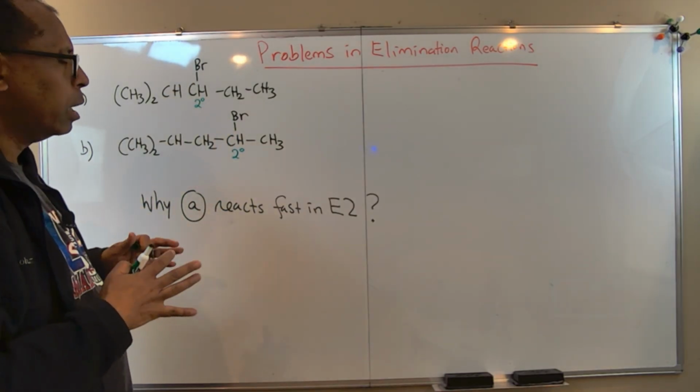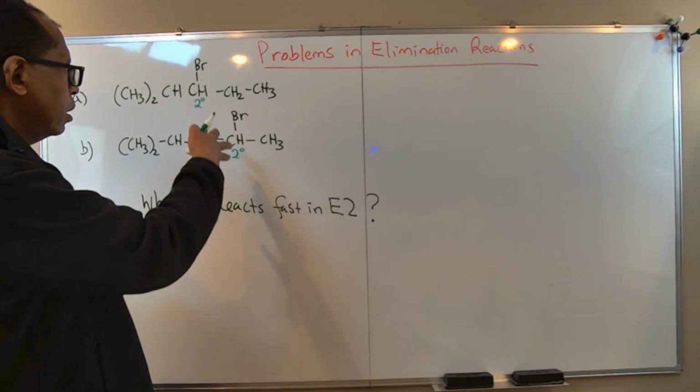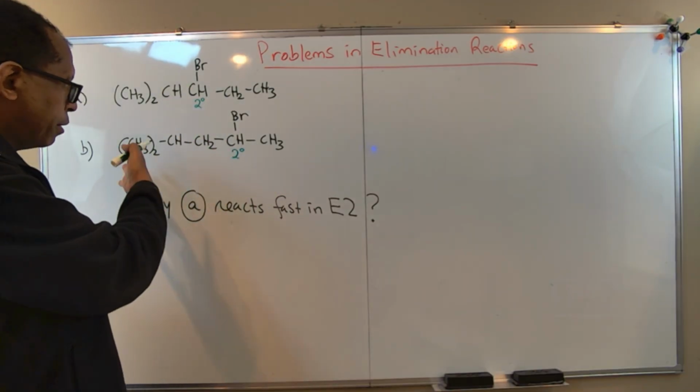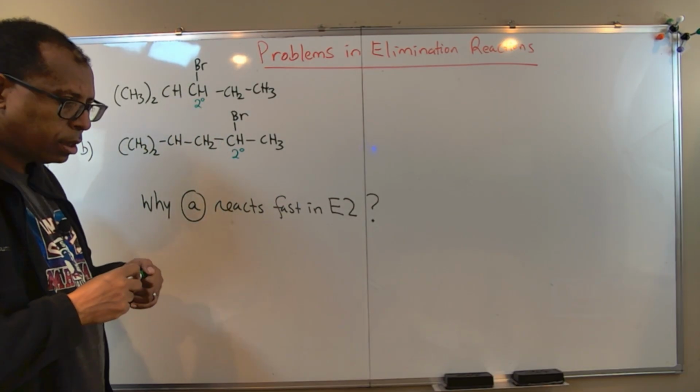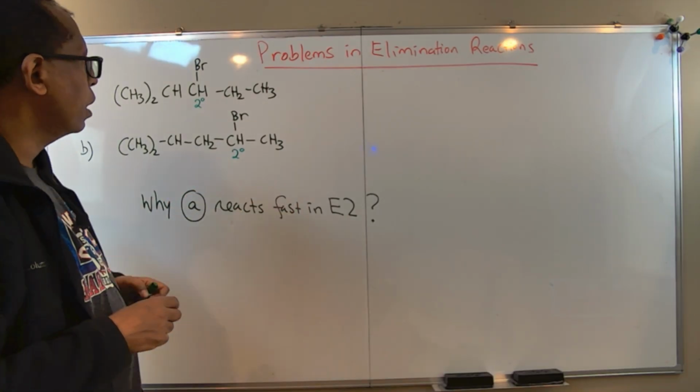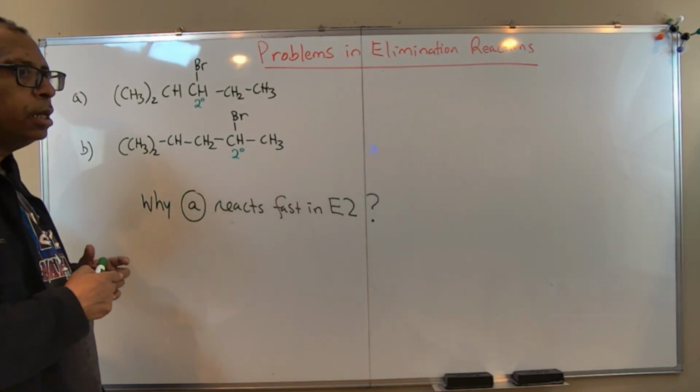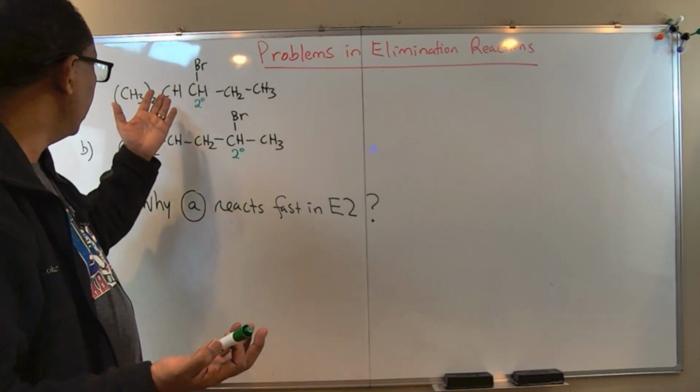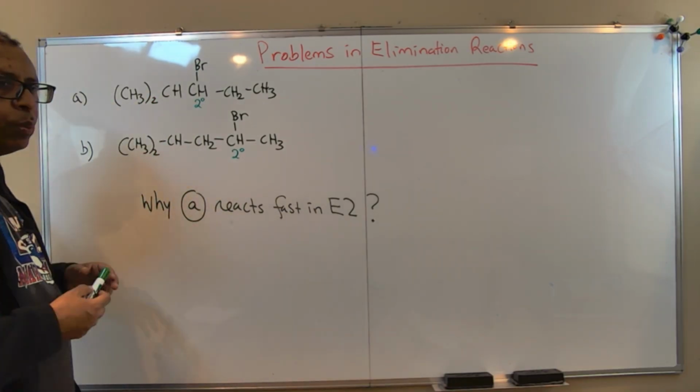So they are almost the same secondary alkyl halides, but at a different position. Why, in the E2 elimination reaction, does A react faster than B?